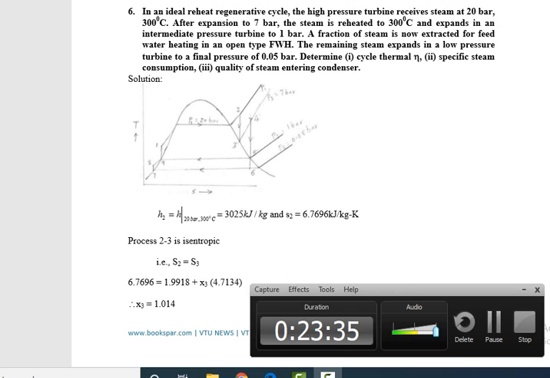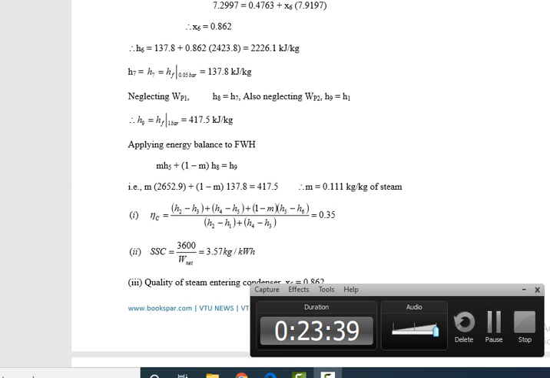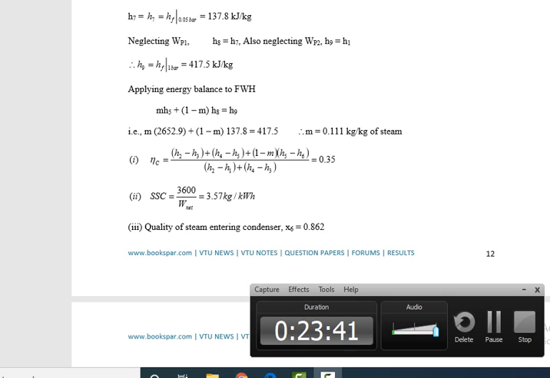Put the value of h5, h8 and h9, the enthalpies at points 5, 8 and 9, and you will get the mass m equal to 0.111 kg per kg of steam. That way, from the steady flow energy equation applied to the feed water heater, we get the mass of steam equal to 0.111 kg per kg of steam.